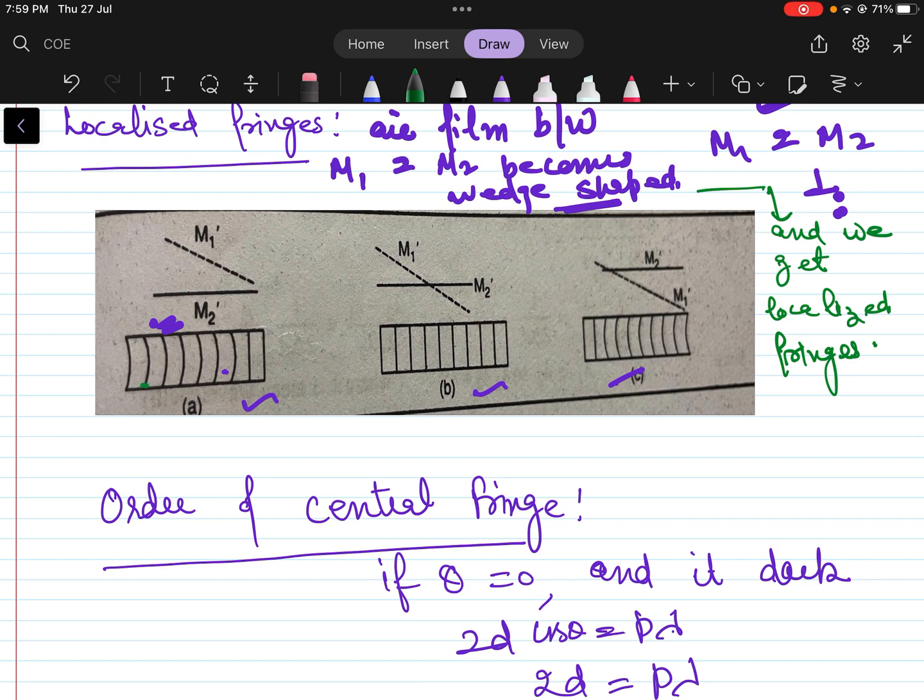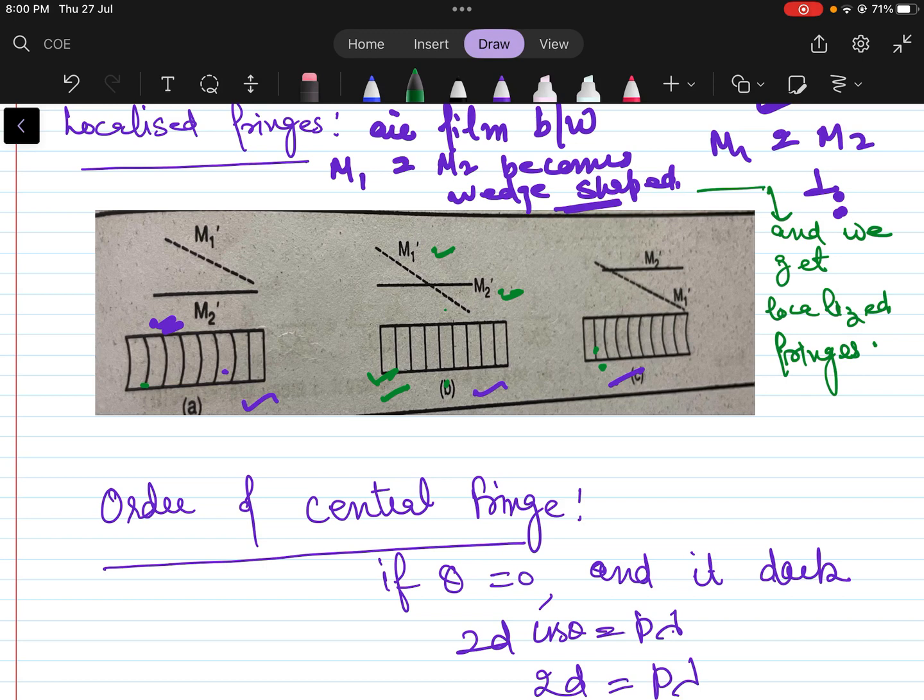Clear? So see, when M1 dash and M2 dash cut each other, then the fringes are straight, and when they cut at another point, then the fringes change. The fringes are perfectly straight when M2 and M1 dash actually intersect in the middle.